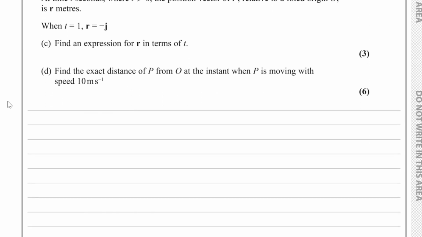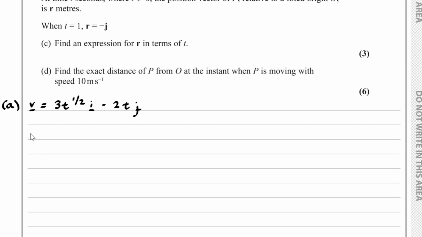For part A, what we know so far is v equals 3t to the power of 1/2 i minus 2t j.